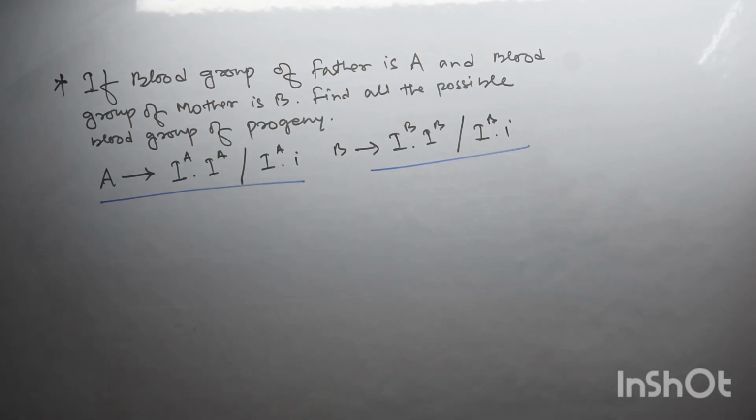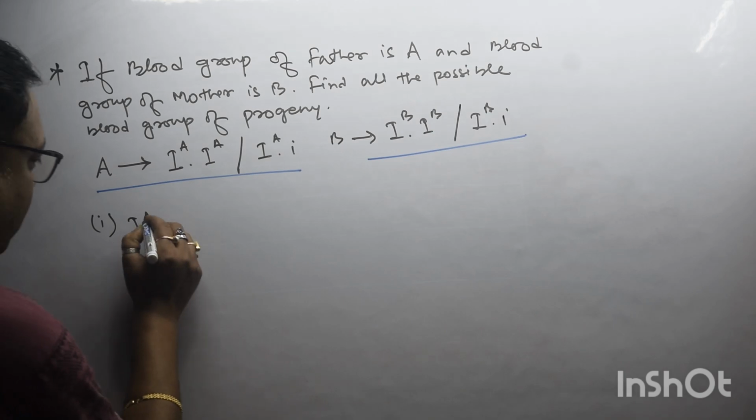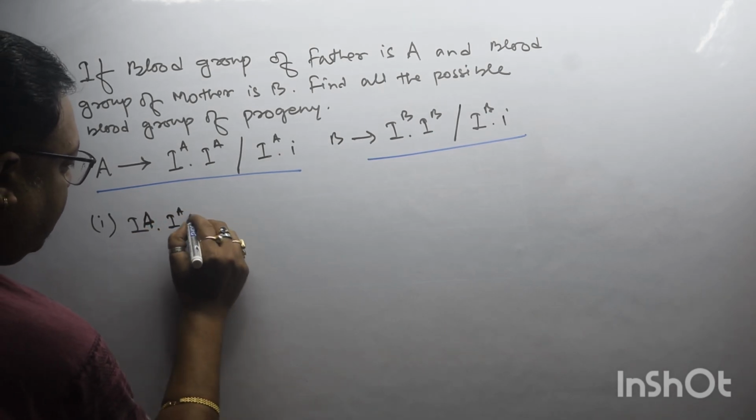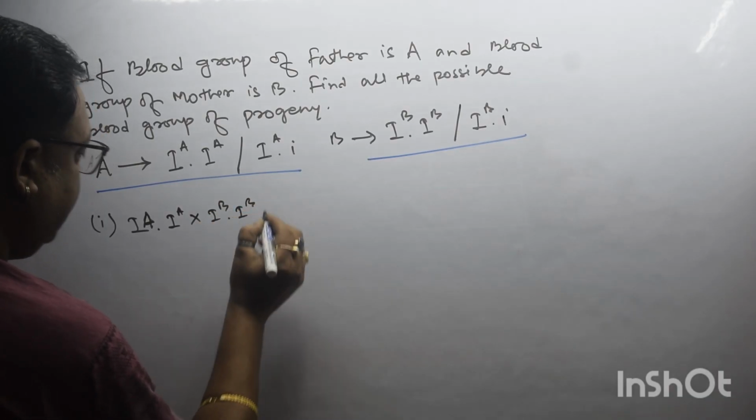Now we can perform 4 crosses. First, IA IA into IB IB.